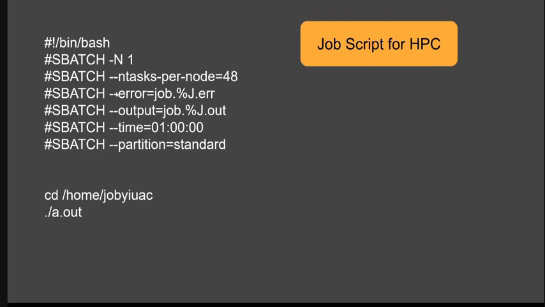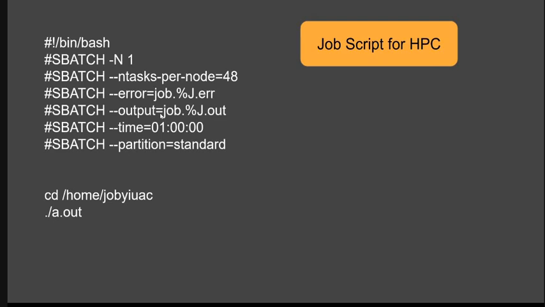Next, we have sbatch error. What I'm doing here is defining the name for the error file. Whenever you create a job script, you need to define these two terms. Why do we need to define output? Output is very obvious because that would be the name of the output file.